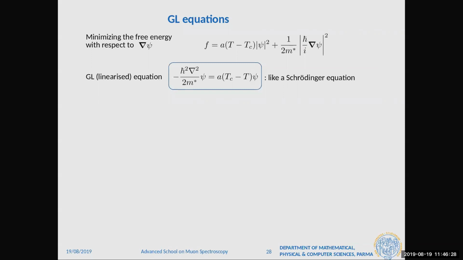And if you look at this equation, it looks just like a Schrödinger equation, right? Well, it's a trick. It's because I called the constant in front of the gradient term h squared over 2m. I played a bit with that, but that's exactly what Ginzburg and Landau did. And the coefficient here becomes the eigenvalue of the wave function.